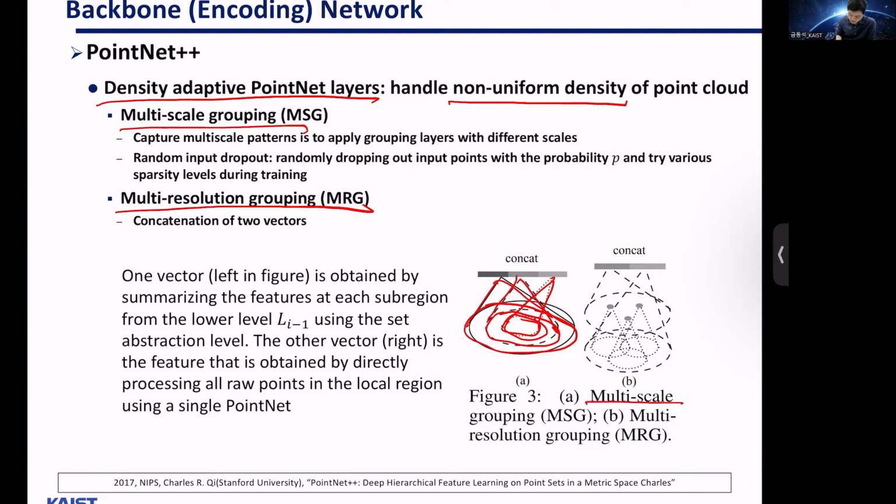So that is multi-scale grouping. And then multi-resolution grouping is that in one layer, you are going to extract features from this space, and then this space, and then this space.